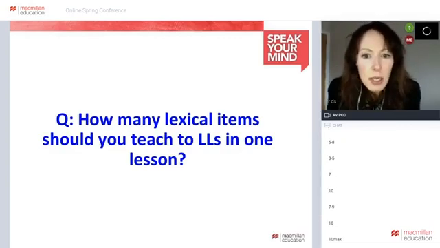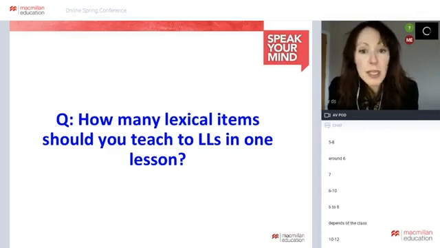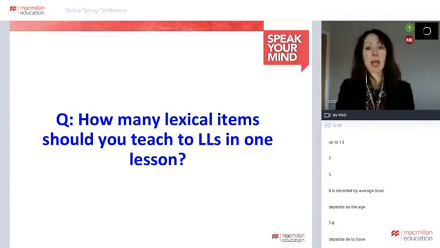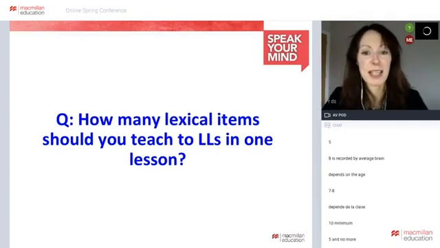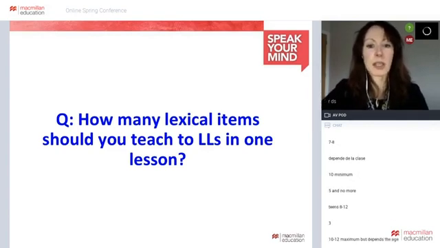So no one's above 10 at the moment, I don't think. 10 maximum, half a dozen. Depends. There's a 12. 6 maximum. Depends on the age. That's true, isn't it? 7 to 10, up to 13. 8 is recorded. Depends, 7 to 8. 10, lovely. Super, thank you.